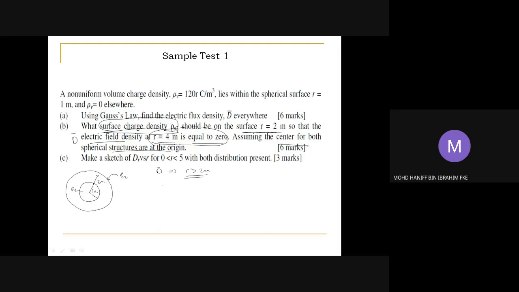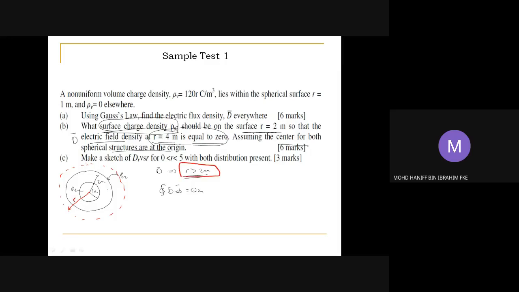As usual, we proceed with Gauss law, D dot dS equals the enclosed charge. So we need to sketch the Gaussian surface first. The Gaussian surface is for r bigger than 2 meter, so your Gaussian surface should be located here. That should be the area given by r, to represent this area, r bigger than 2 meters.